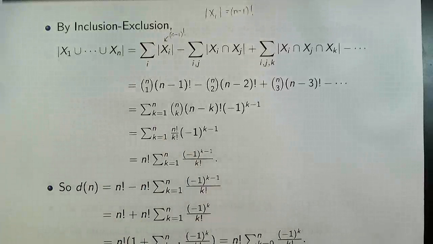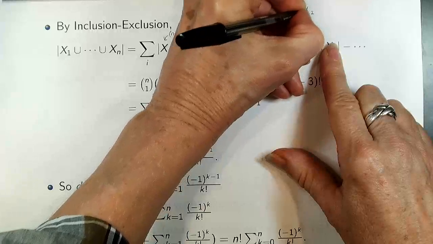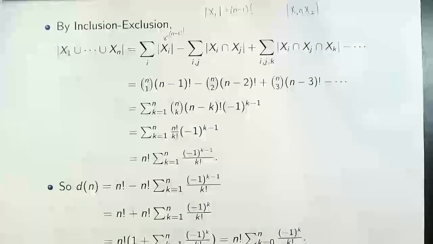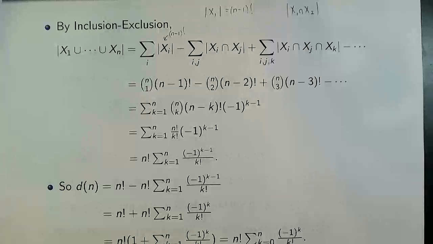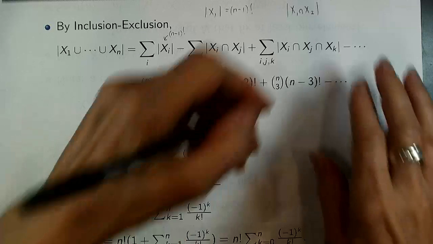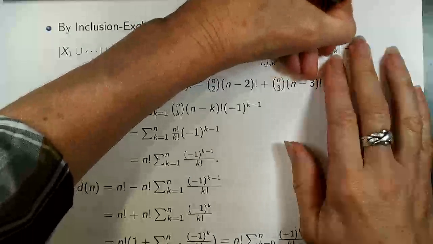All right, let's do a couple more terms. Let's look at x1 intersect x2. To be in x1 and x2 means 1 stays where it is, 2 stays where it is, but all the other numbers can go anywhere. So how many permutations are there from all the numbers of 3 up to n? N minus 2 factorial, because there are n minus 2 things that can be moved.